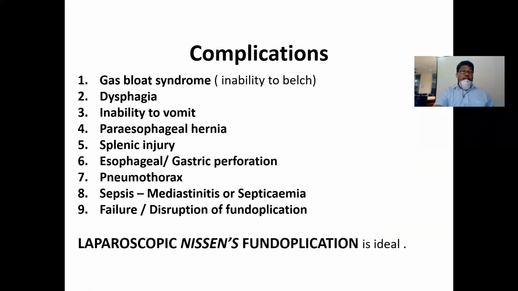The abdomen will be distended mostly because of a tight wrap, or there can be dysphagia or inability to vomit, or there can be paraesophageal hernia, splenic injury, esophageal or gastric perforation, pneumothorax, or sepsis as a result of mediastinitis or septicemia, or failure or disruption of fundoplication. So ideally, the laparoscopic Nissen's fundoplication should be done.